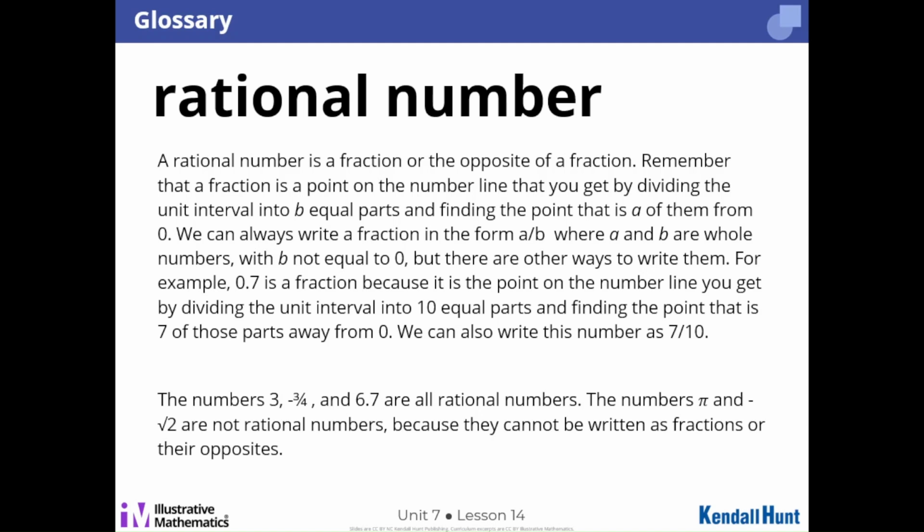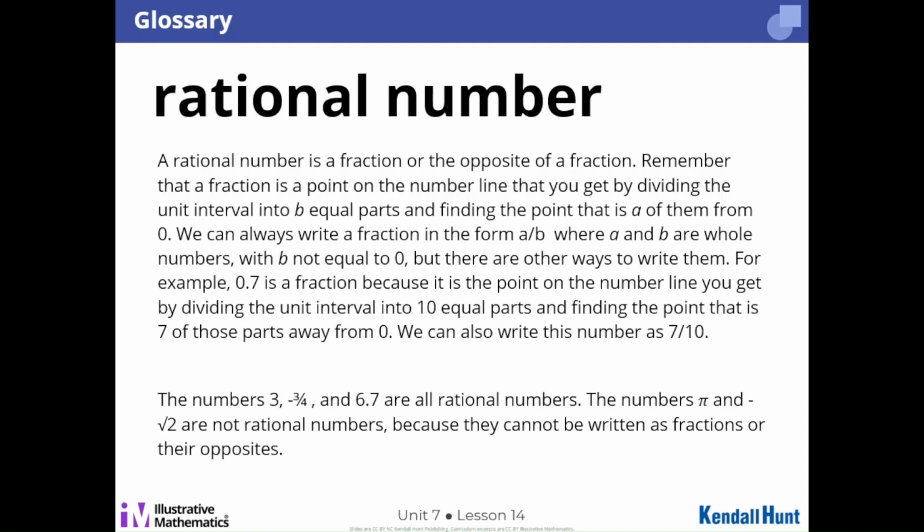And then things like decimals, where when you get it into decimal form, it is either going to repeat itself in a pattern or it's going to have a stopping point. Those types of decimals can be written as fractions, such as 1/3, and therefore those are rational numbers.